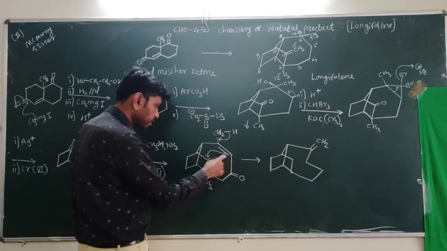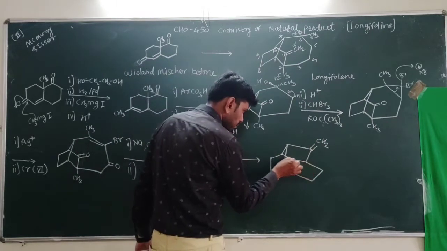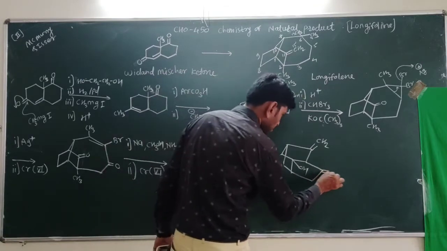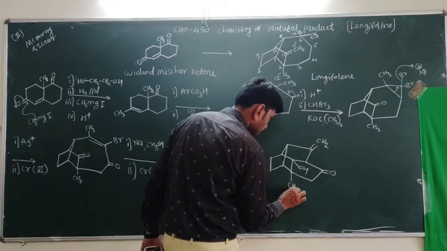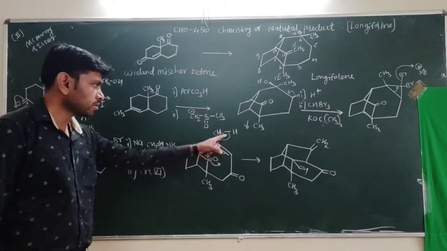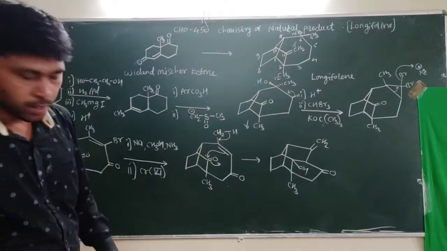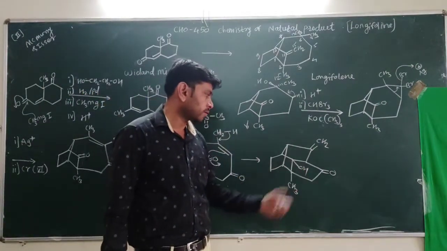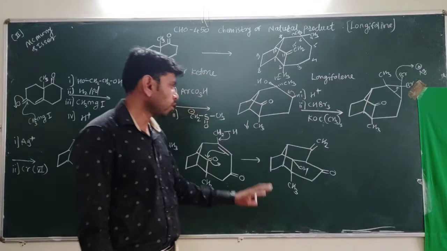Then there is bond formation between this one and this, and here OH formation. Now carbonyl here, and CH3 remains as it is. So this structure formed after hydrogen shift, and this is the tetracyclic product we obtain.